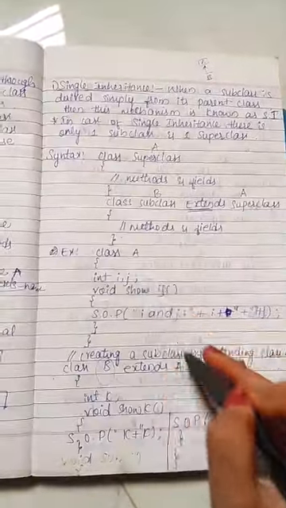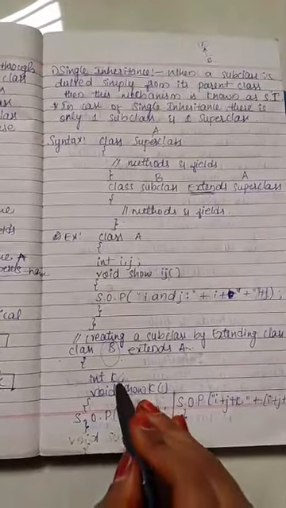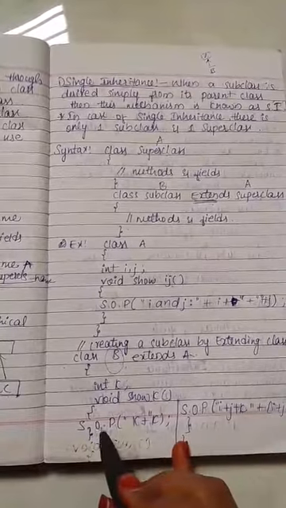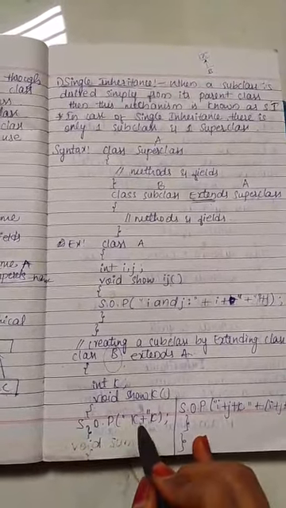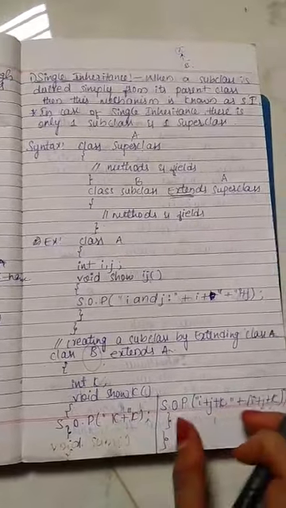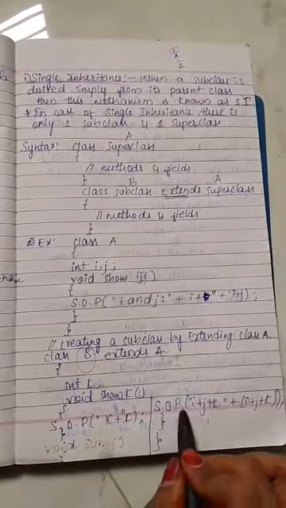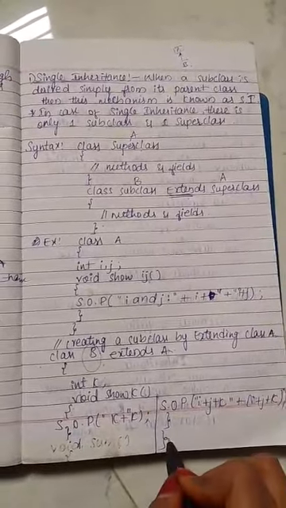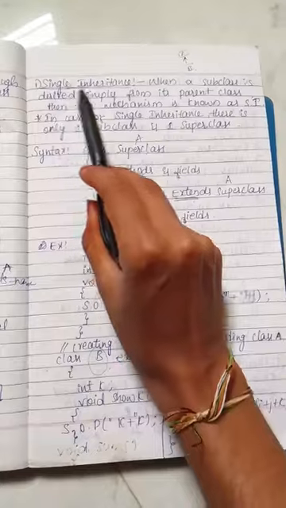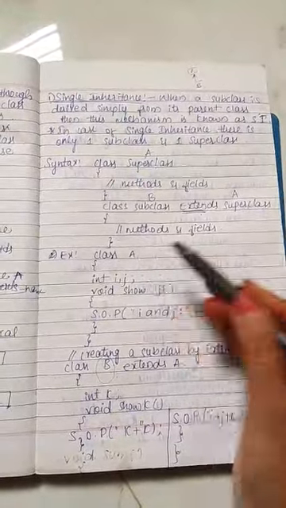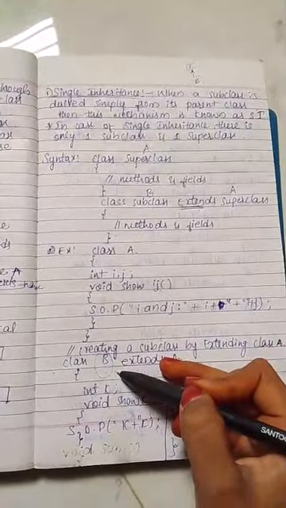Extends A means superclass. Int k, void show k, we are adding k here. System.out.println k, void sum. Here we are adding i, j and k. System.out.println ijk plus ijk. This is the example of single inheritance. Very simple. Only one superclass and one subclass.